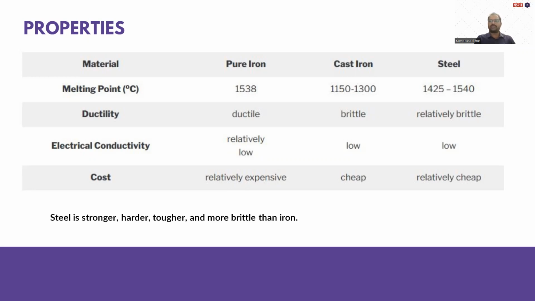The melting point is 1538 degrees centigrade, and cast iron is from 1100 to 1300, and steel is around 1500 degrees centigrade. The other properties are ductility, electrical conductivity, and cost of the materials. Once we have gone through the properties of the materials completely, we can easily replace the materials according to our requirement.